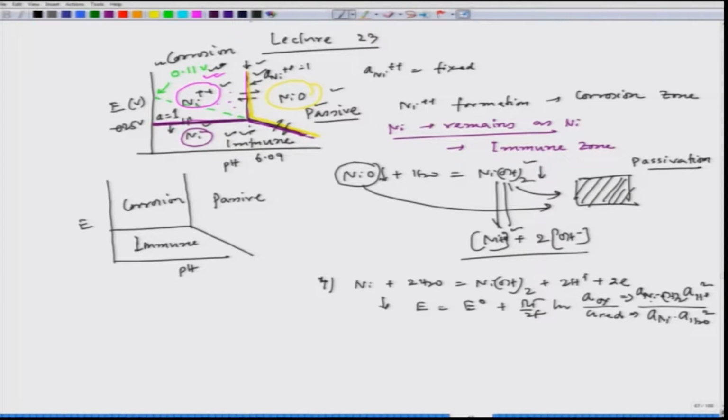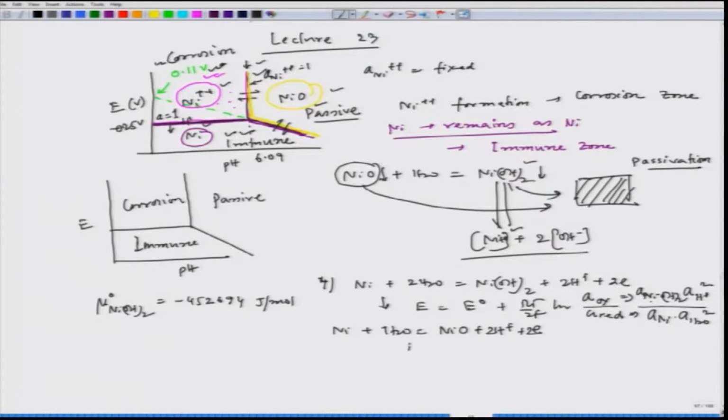And if you do the same calculations, because if you take the chemical potential value of Ni(OH)2, which is nothing but minus 452,694 joule per mole, you will generate the same equation we had for this reaction.